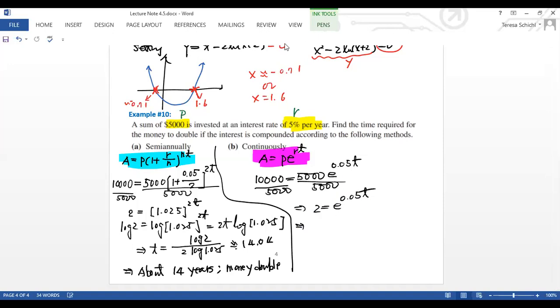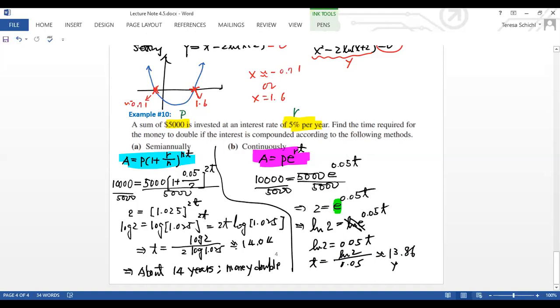Because here is e, so of course it's more convenient for me to take the natural log. So natural log of 2 is equal to natural log of e to the 0.05t. Natural log and e cancel, right? So I got natural log of 2 is equal to 0.05t. So t is natural log of 2 over 0.05. Then you put it into the calculator, so it will be 13.86 years.